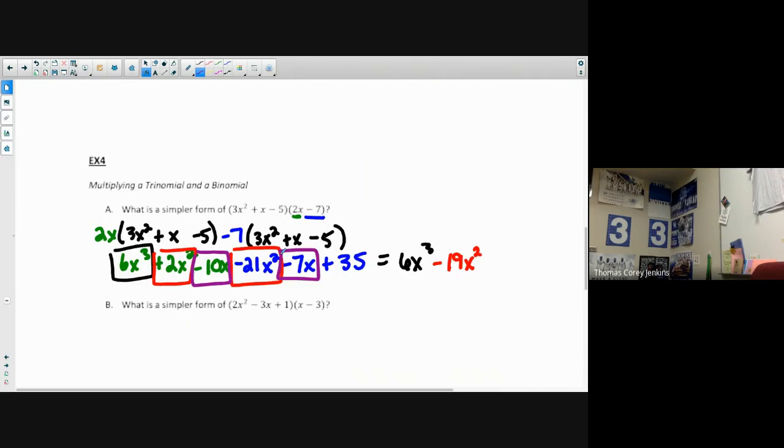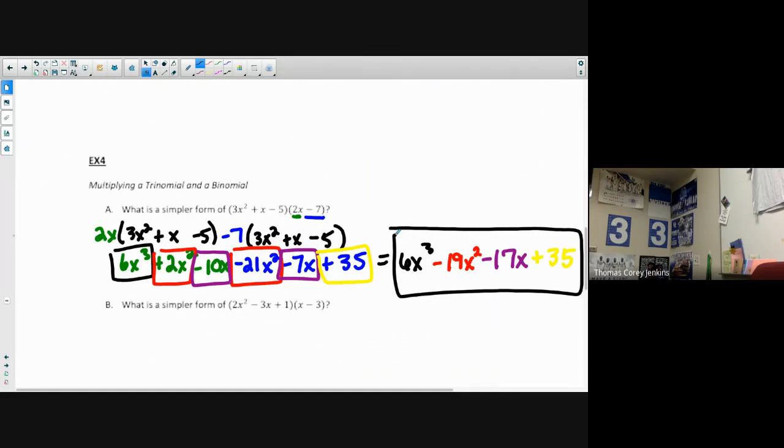Negative 10 minus 7 is negative 17, minus 17x. And then we have that plus 35 left by itself, so plus 35 would be our last term. So altogether, my final answer: 6x cubed minus 19x squared minus 17x plus 35.